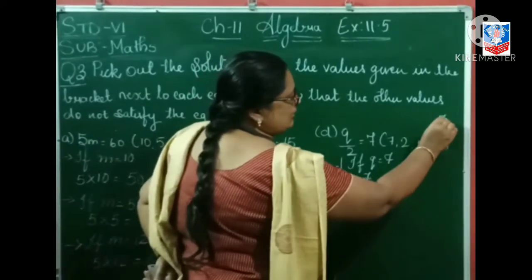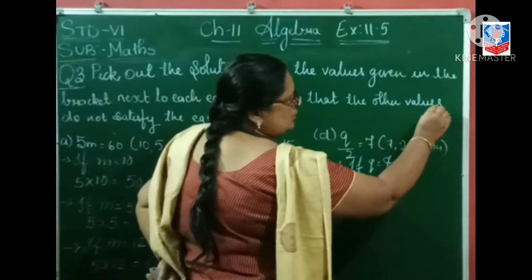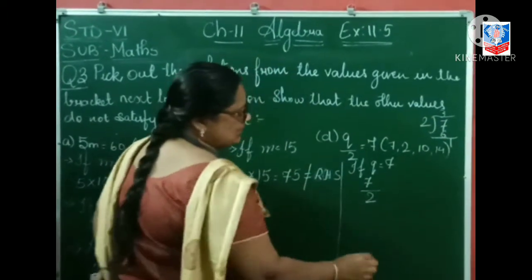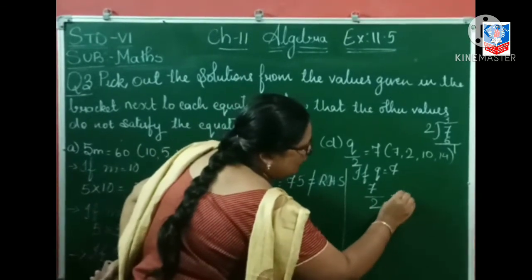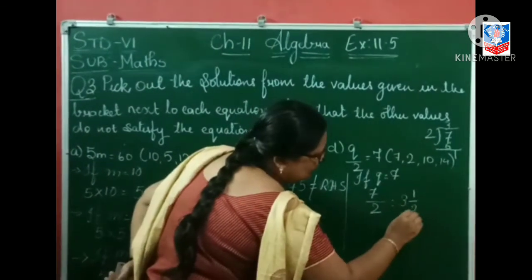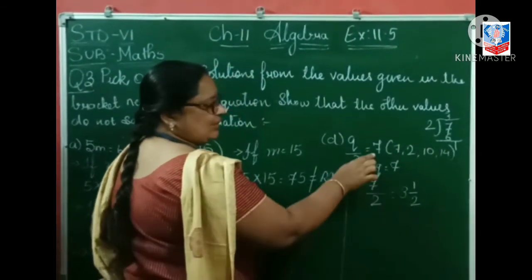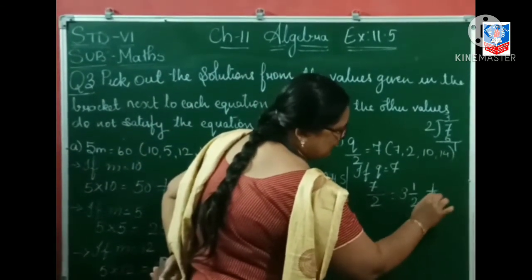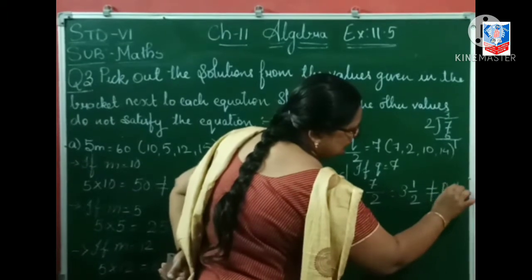You can check here, 7 divided by 2. 3 2s are 6 and 1. That means 3 1 by 2. This is our left hand side and right hand side is 7. That means left hand side is not equal to right hand side.